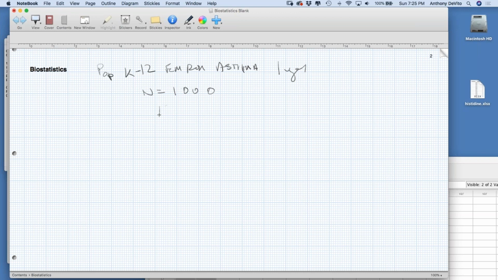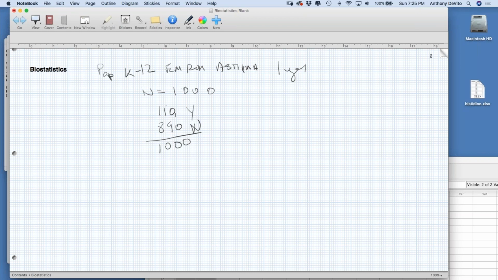Let's say that 110 of those children have visited the emergency room, and that leaves 890 who have not visited the emergency room. It's out of 1,000 children that we randomly sampled.